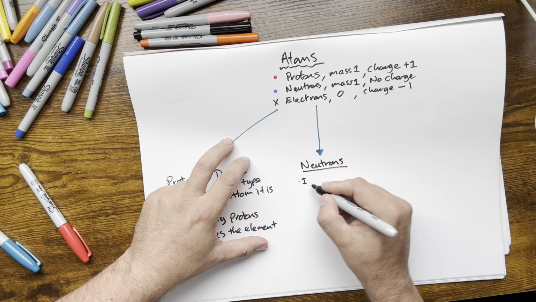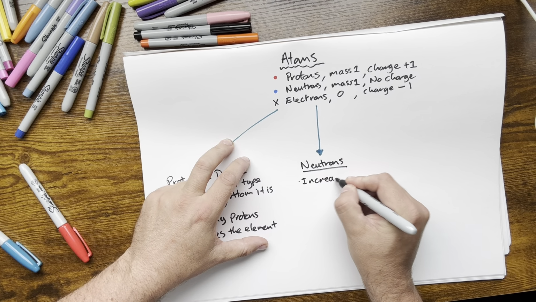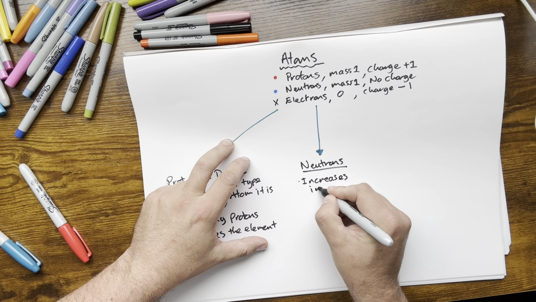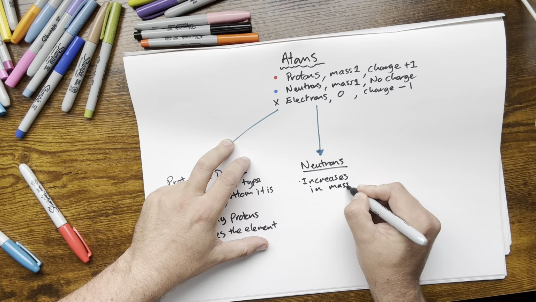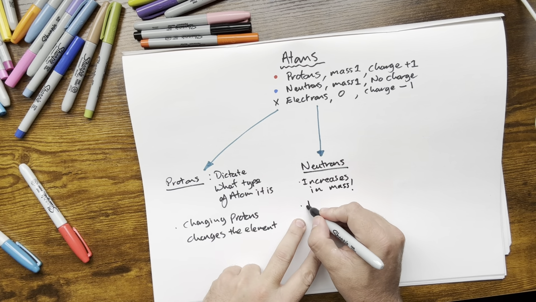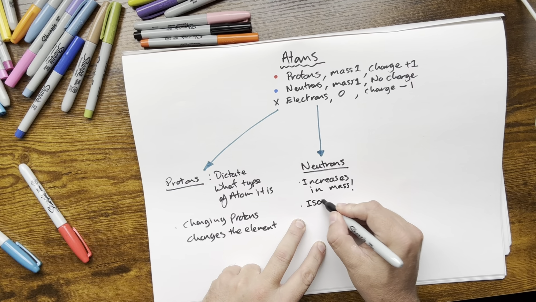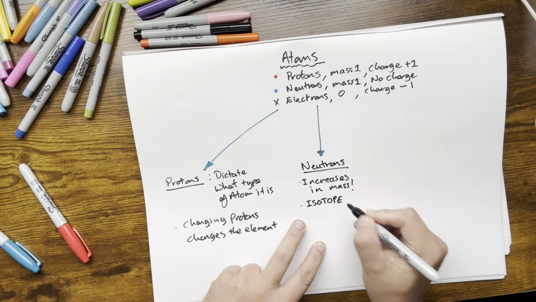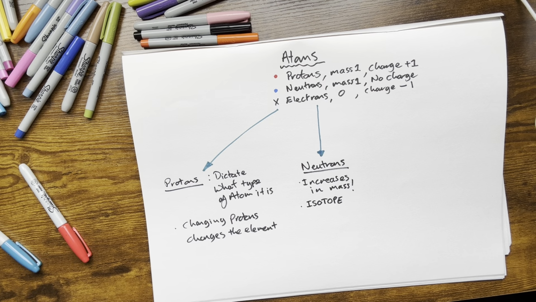So it increases in mass. And it becomes what's known as an isotope. Quite often you'll hear that certain isotopes of an element will be referred to as heavy something. So carbon with extra neutrons is called heavy carbon.